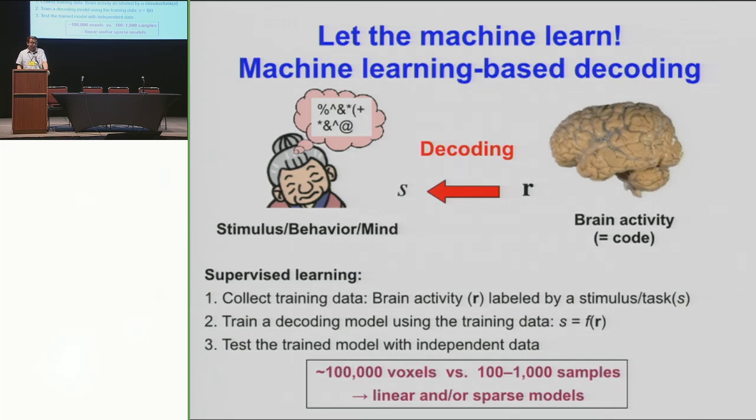The second step is using that training data. We train a decoding model, which is a statistical classifier, or it can also be neural networks, to obtain a predictive model. Finally, we have to validate it with independent data. In most of our studies, we do training and test of the model within the same subject's data. This is necessary especially for vision or perception experiments.